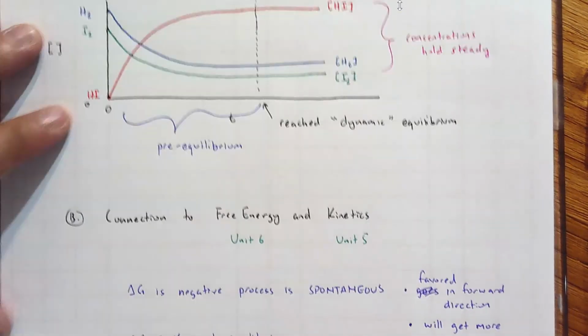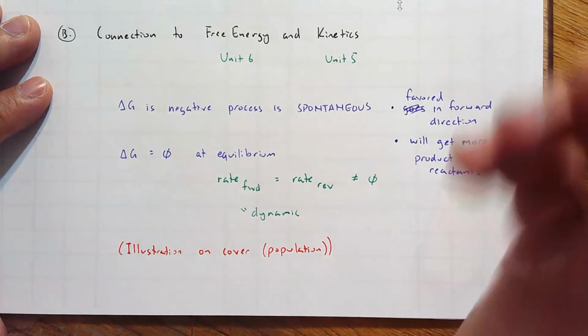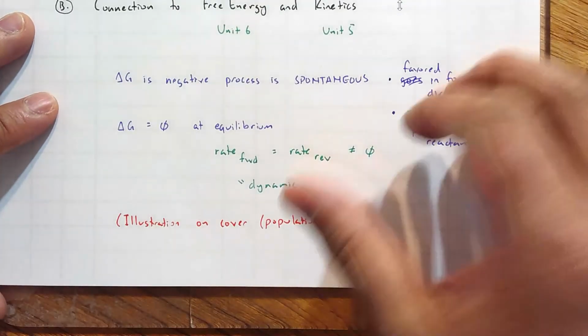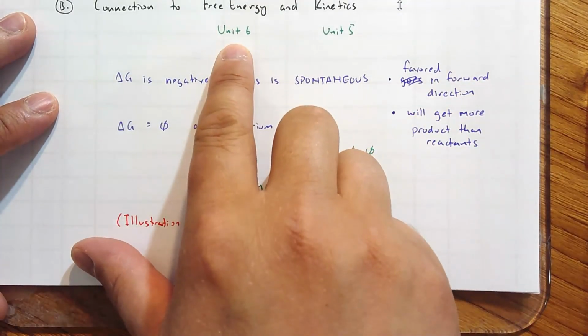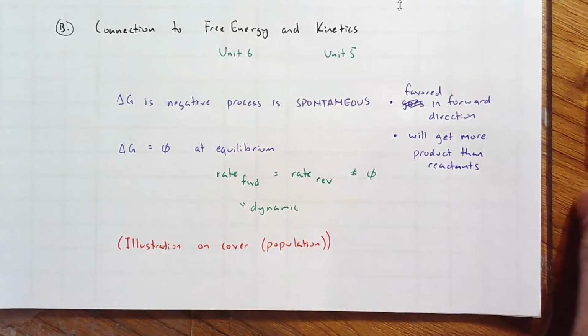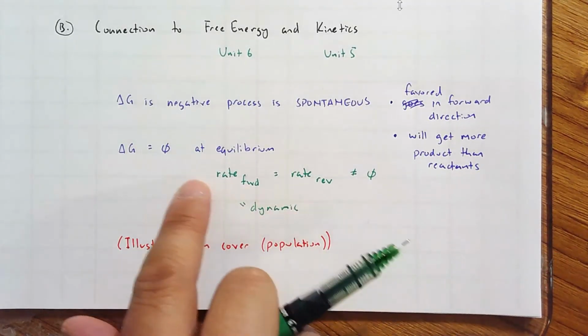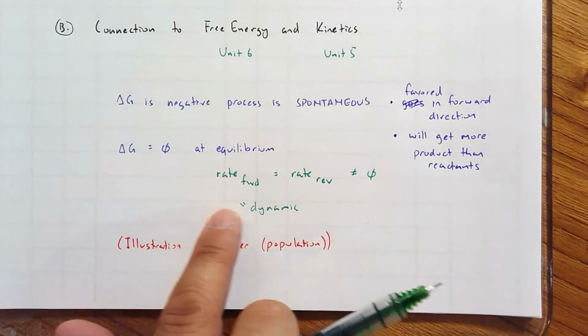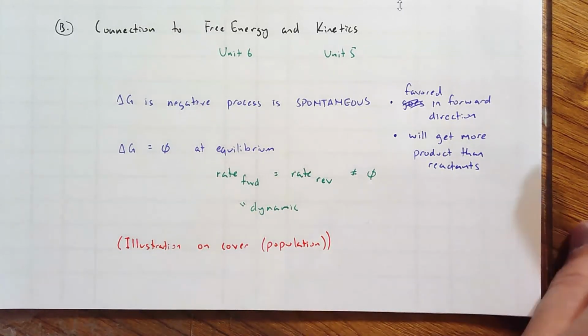The last thing I want to mention, okay, I think we're done with connecting to free energy, delta G, and kinetics. Let me just double check that I gave everything that I want to give. I think we're good.